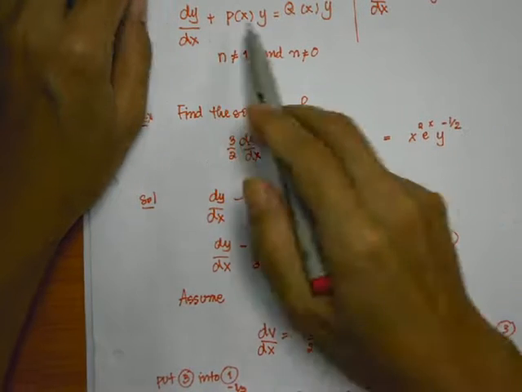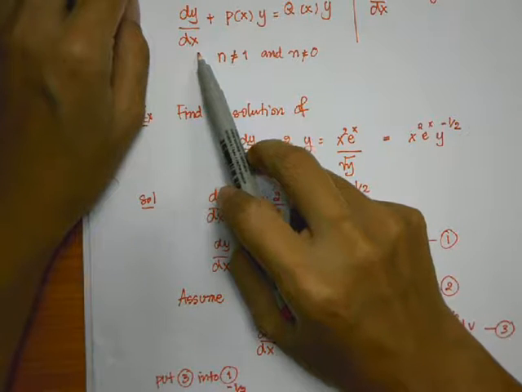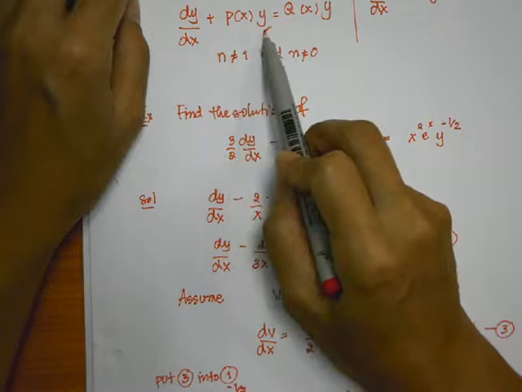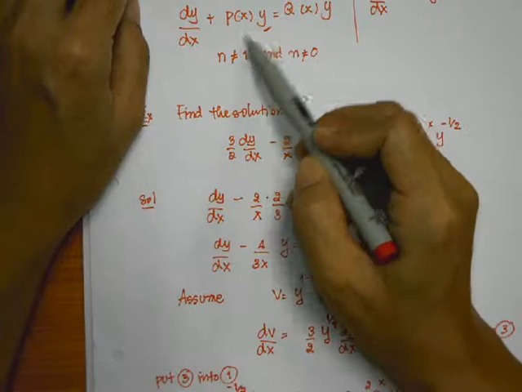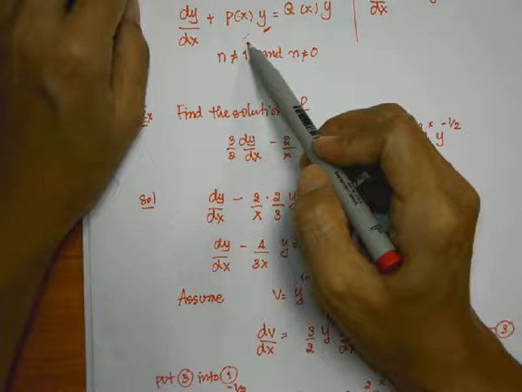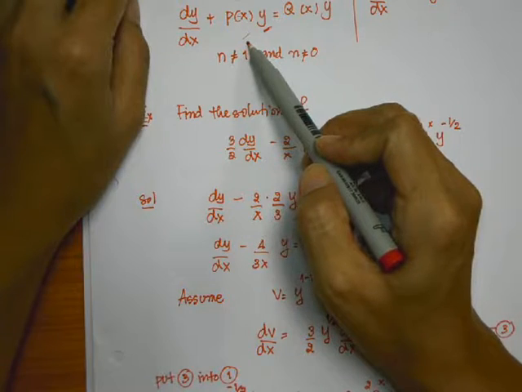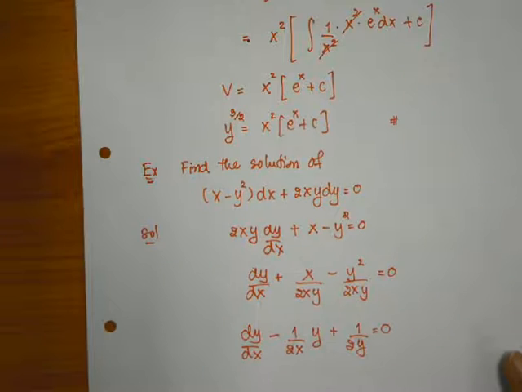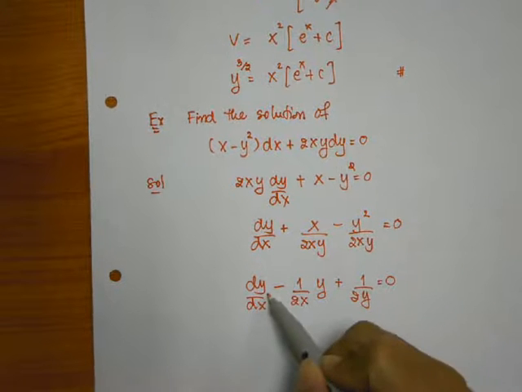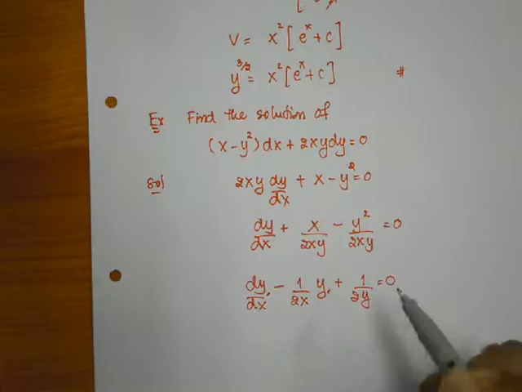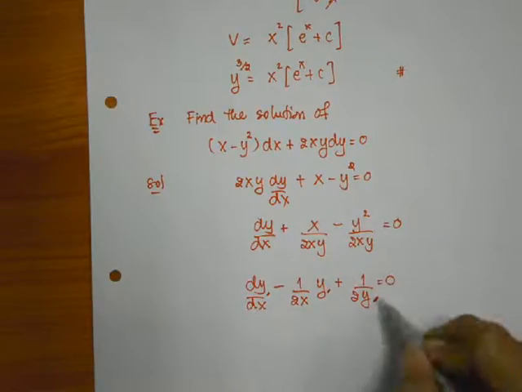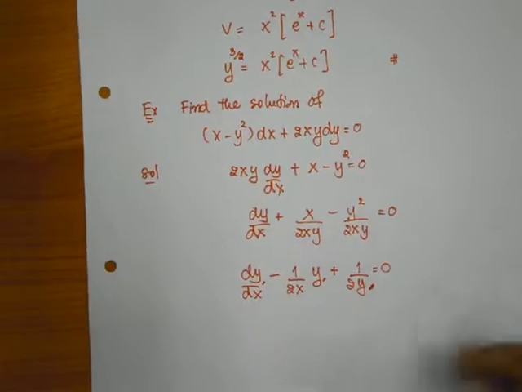You have the term of dy by dx, and the next term from that is y times any function of x, with respect to x. So if you look at our equation, you have this term and next should be this term. So this term is supposed to be on the right hand side, right? The third term should be on the right hand side.